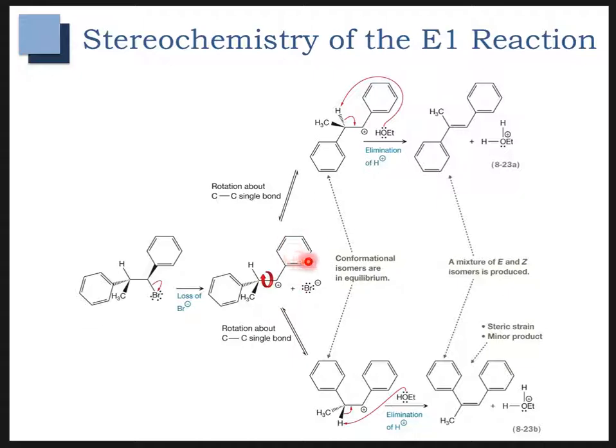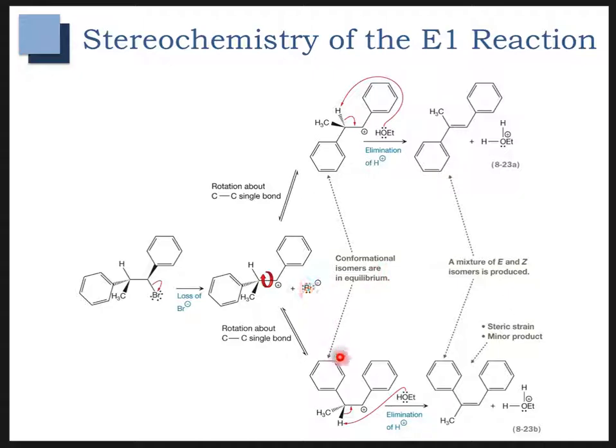You can see that this benzene ring can either stay where it is when the nucleophile comes in, or it can rotate around in solution before the nucleophile attacks. If it stays where it is and the base comes in, pulls off that hydrogen, we end up with the elimination product over here, right? So this is the base coming in and pulling off that hydrogen.